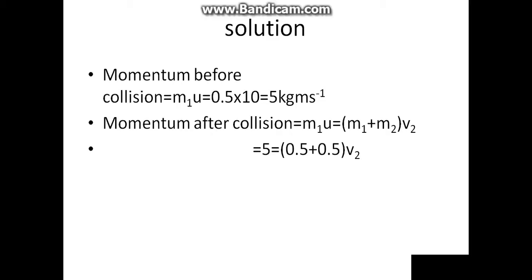Momentum before collision is equal to momentum after collision, so 5 is equal to (0.5 plus 0.5) v2. Making v2 the subject of the formula, you now have 5 over 1, which is 5 meters per second.